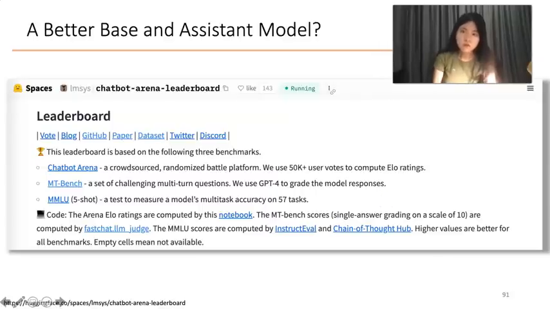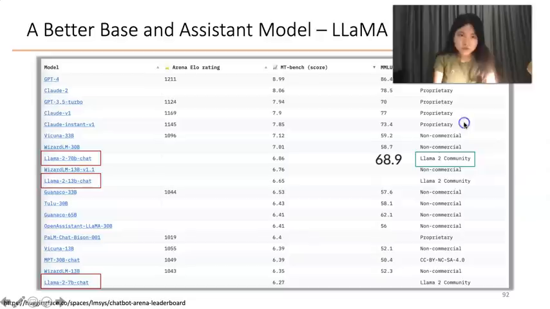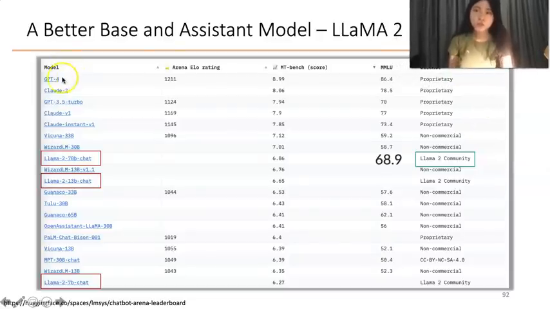First of all, let me share with you this great chatbot arena leaderboard for large language models. Is Llama 2 a better base and assistant model? Let's take a look at this board. As you can see, the top one is still GPT-4, and on the chart you have Vicuna 33B.